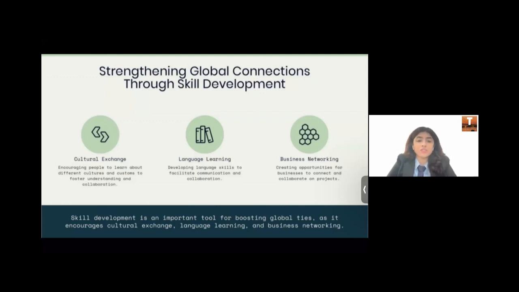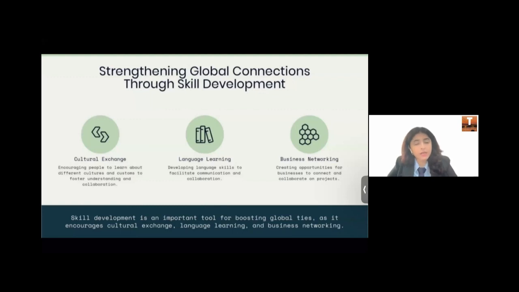Then cultural intelligence and adaptability, because by offering training on cultural sensitivity, communication skills, and intercultural competence, individuals can develop the capacity to adapt to different cultural norms and work effectively with international counterparts. So this in a way enhances their ability to form meaningful connections and collaborate across borders.